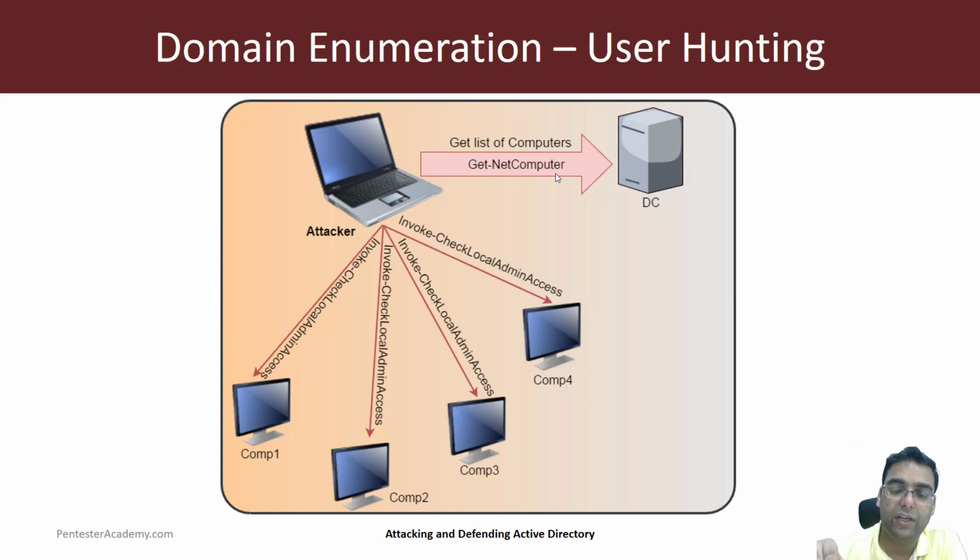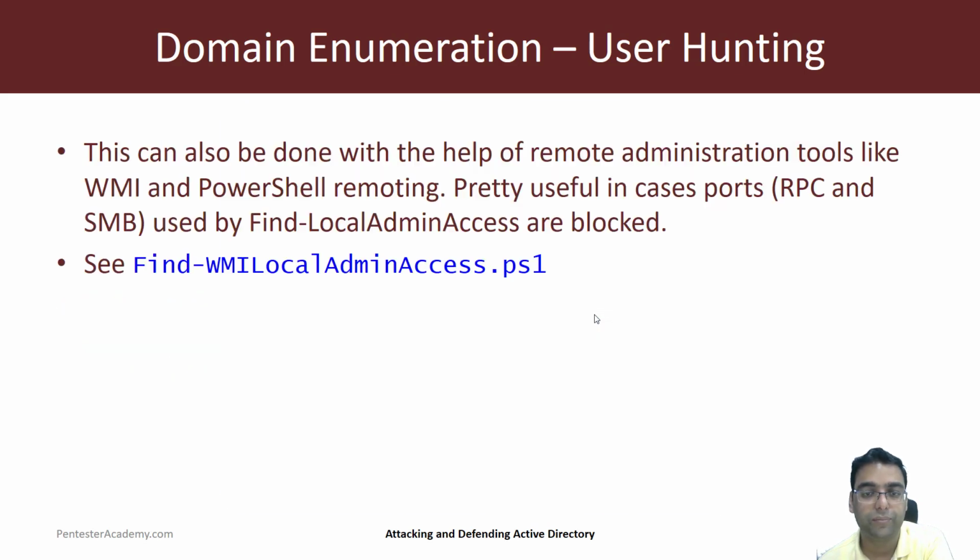This is a very simple explanation of how it works. Go to the DC, get a list of the computers in the domain, then go to each and every machine in the domain and request a resource or check if you have local admin access there, right? This is how Find-LocalAdminAccess works.